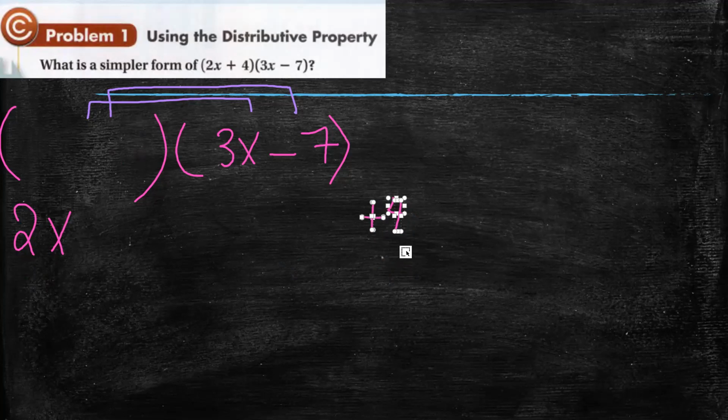Then the second binomial, 3x minus 7, I repeat it here and then here.